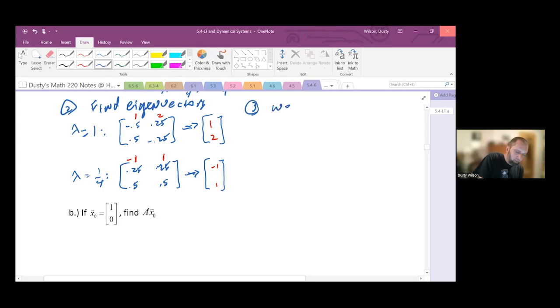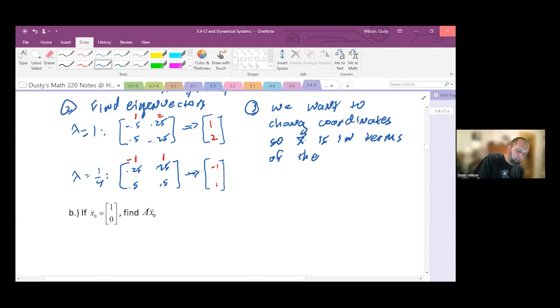We want to change coordinates so that x is in terms of the eigenvectors.